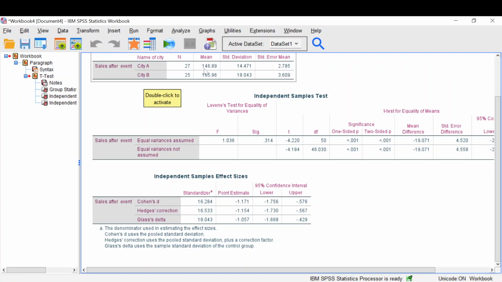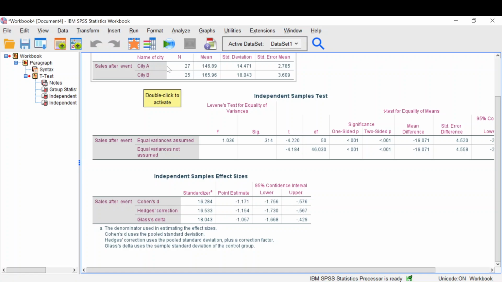You might end up with a mean of 146, but that doesn't actually mean that on average they're all selling about 147 units. There's actually quite a significant range between the two of them, and the standard deviation and the error would catch that to some extent.